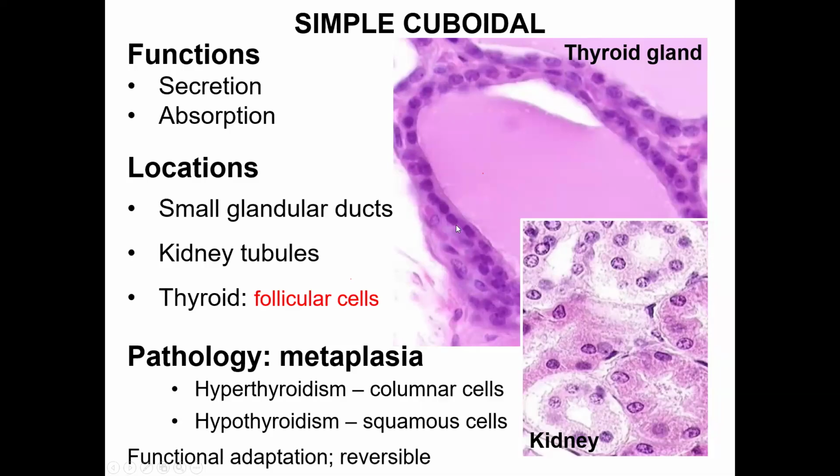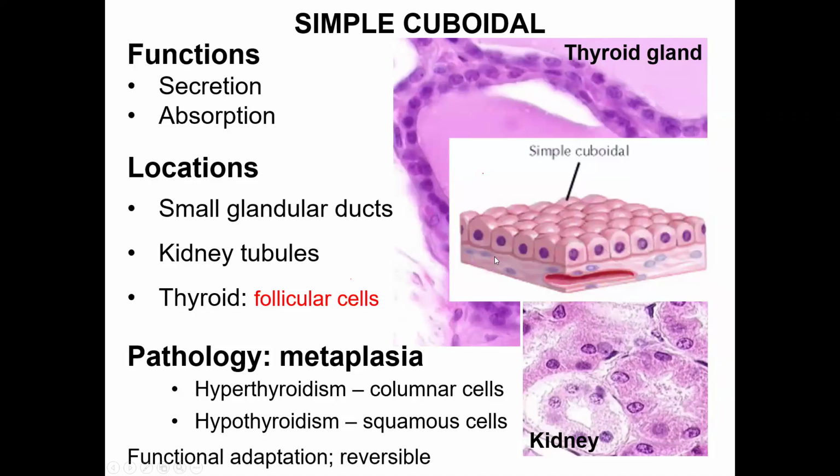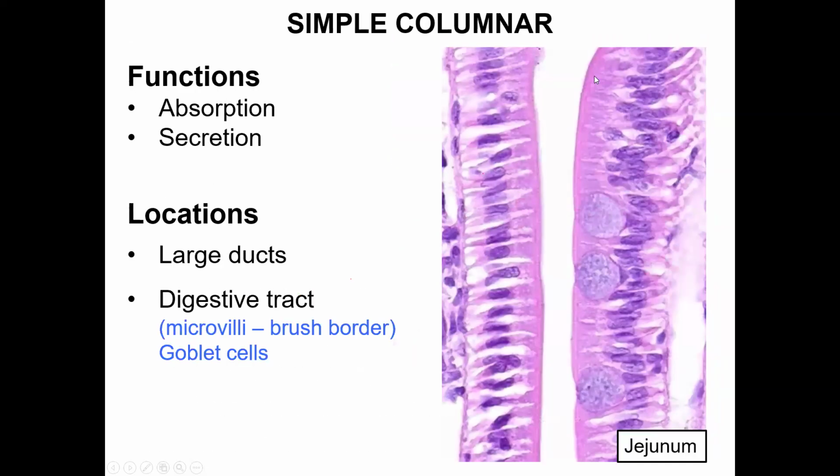If these thyroid glands secrete large amounts of thyroid hormones, then the cells become larger and they become columnar. In cases of hypothyroidism, the cells undergo metaplasia into squamous cells. But this is a functional adaptation that is not malignant and it is reversible. So this would be the drawing of such a type of epithelium.